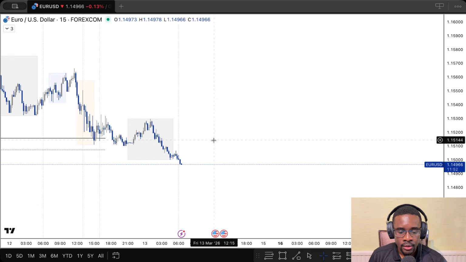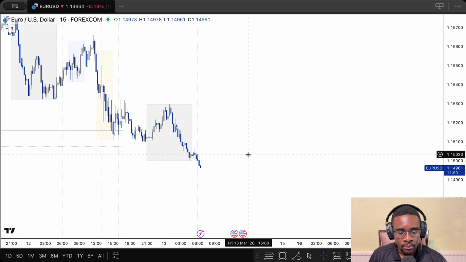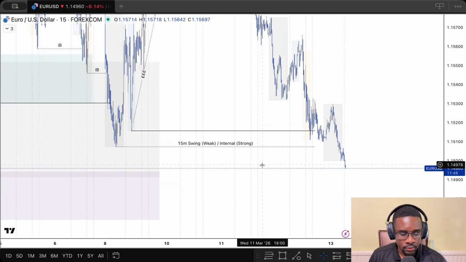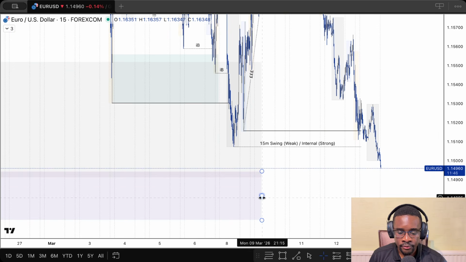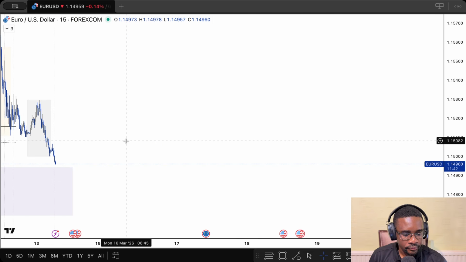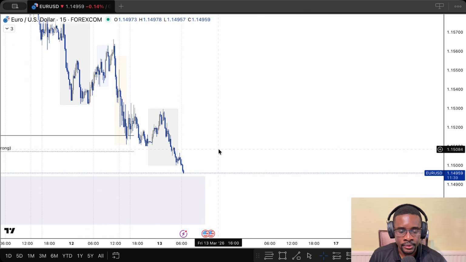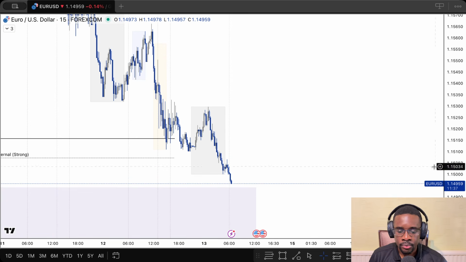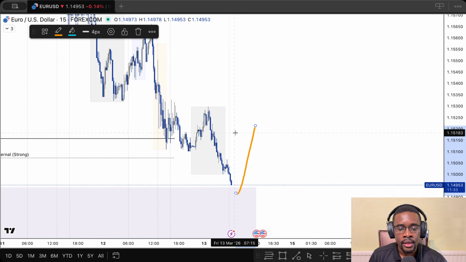So today the expectation is pretty much, let's see, price is behaving like that. Because we have this 4-hour demand, it is possible that price could bounce again.